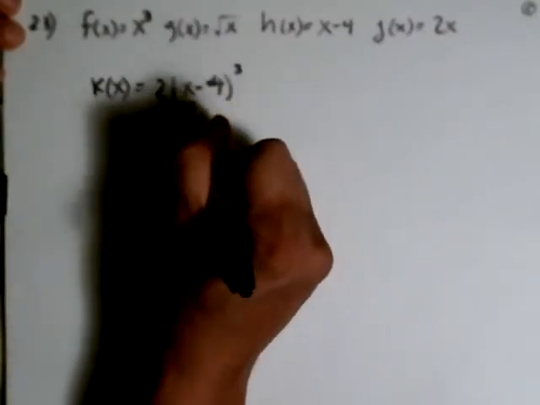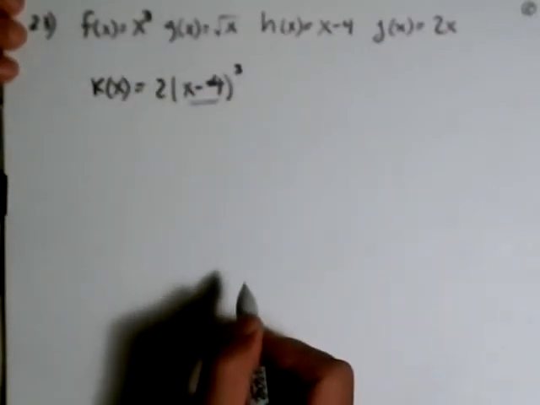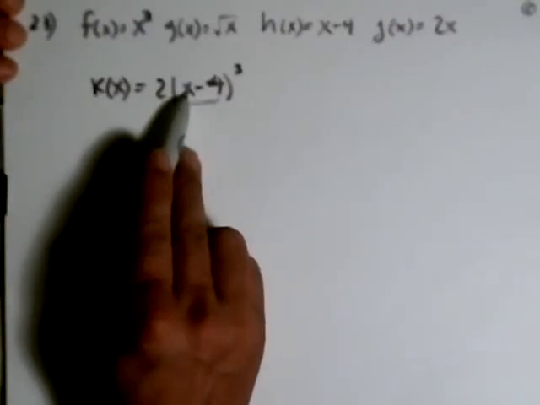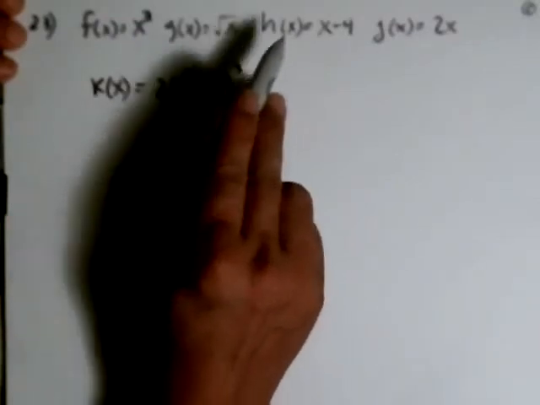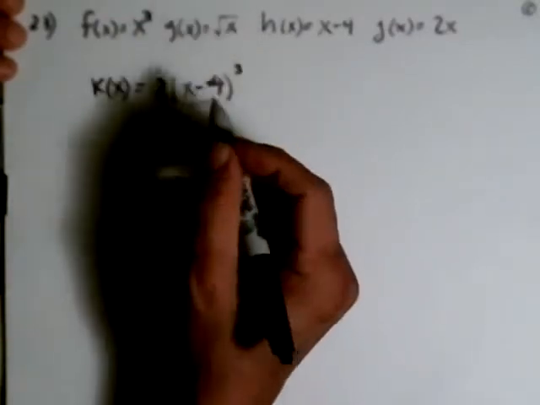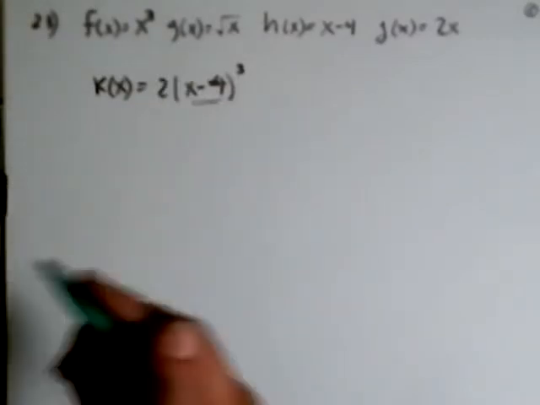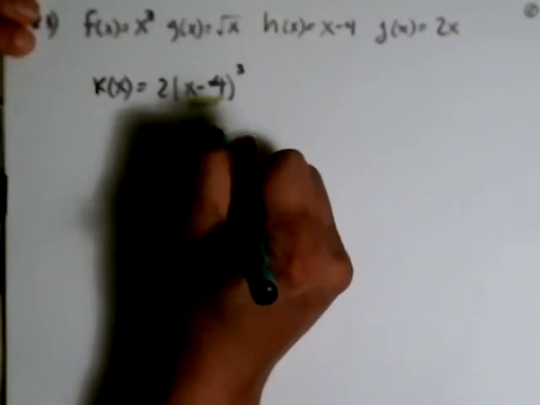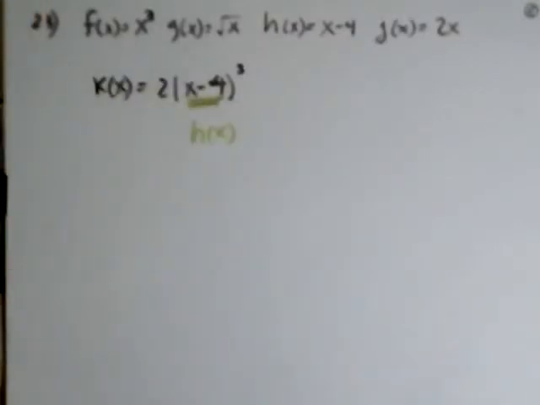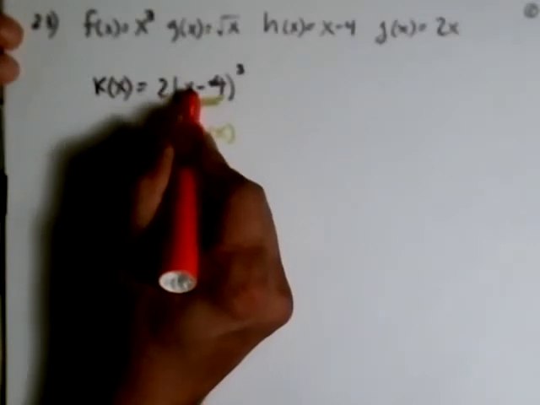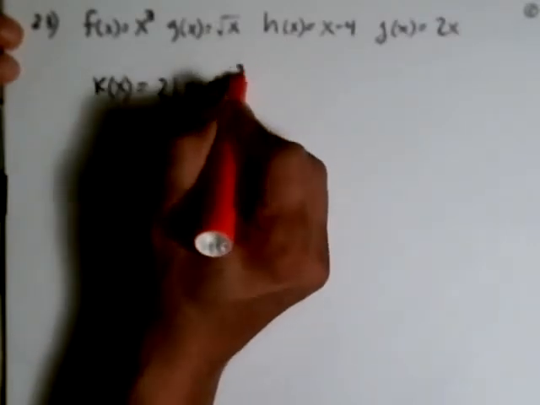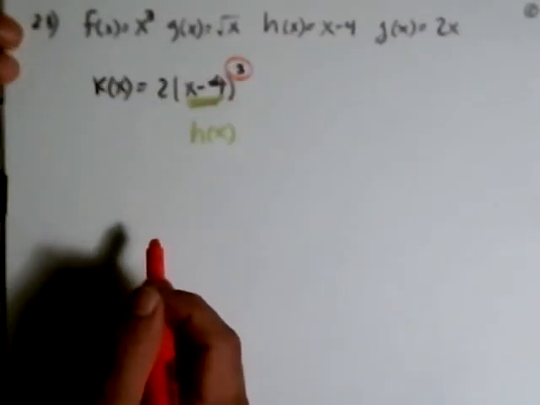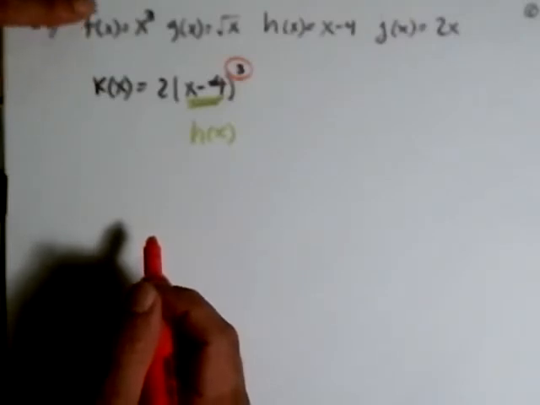The first thing we always do is we start with the inside first. x minus 4. Whatever the value of x is, you subtract 4. That's the h of x function, isn't it? So I'm going to use a yellow mark for that. That's going to be h of x. And then, after you take a number and subtract 4, you're going to have to cube it. What does the cubing function say? It's the f function.